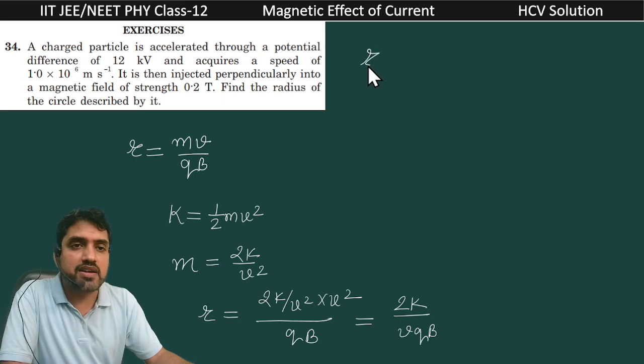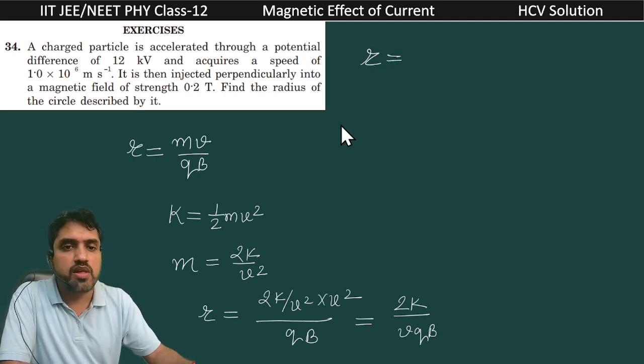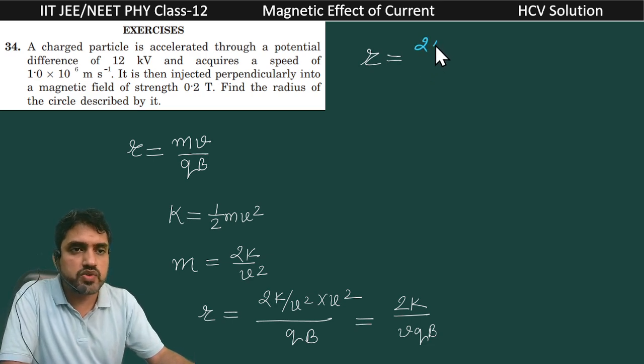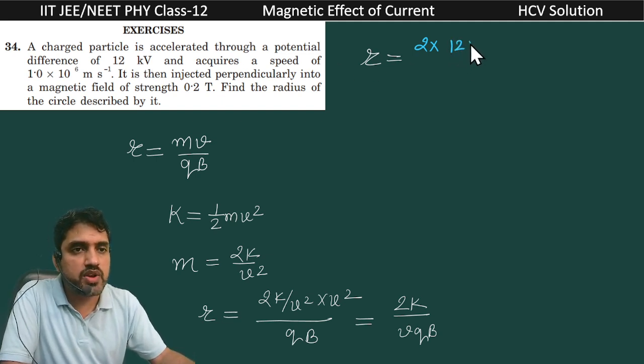So this r is equal to 2K. What is K? That is 12 kilovolt, so 12 into q into 10 raised to power 3.